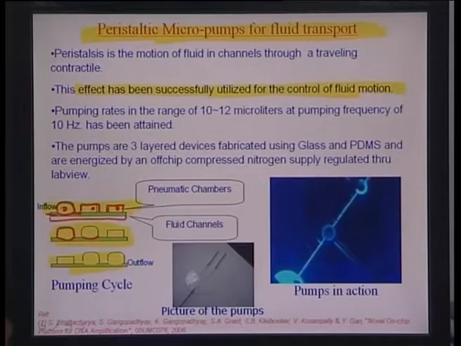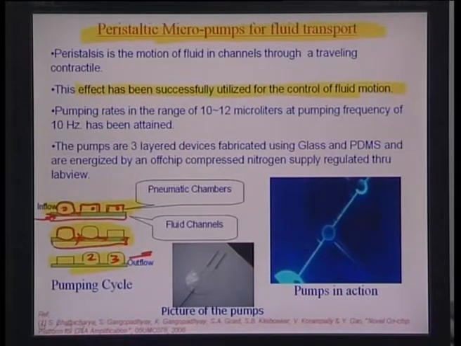So, here the fluid cannot rush back, this path is closed, and the only forward direction momentum would be imparted onto the fluid channel. Mind you, this green layer here indicates the fluid channel, and there is a layer on the bottom here which is the base or the glass substrate, and then you can have valve 2 and 3 operated, and the sequence can keep on rotating, so that the flow picks up from here and goes all the way up to the outflow.